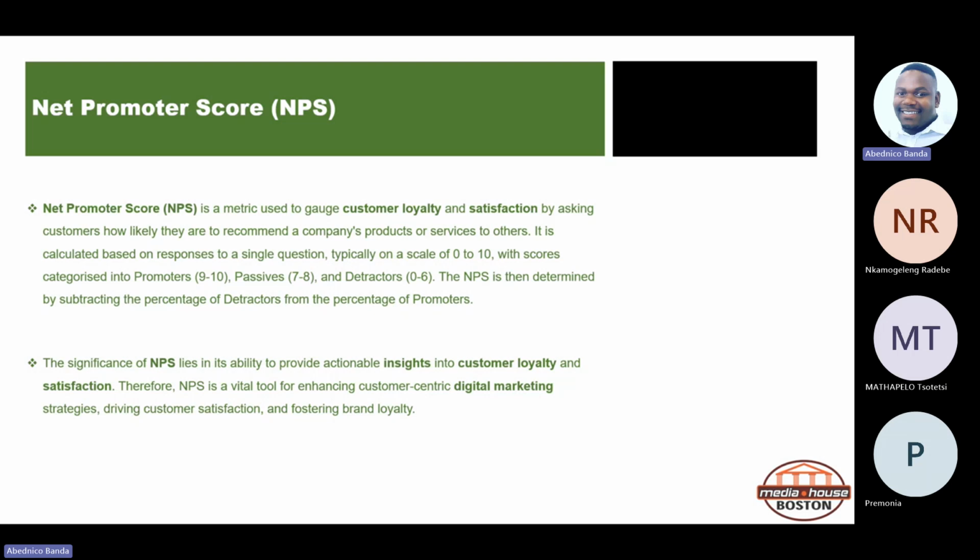So was it based on Matapelo as an employee, or was it based on the issue that was not being resolved by the employee? I don't know if I'm making any sense, Matapelo.